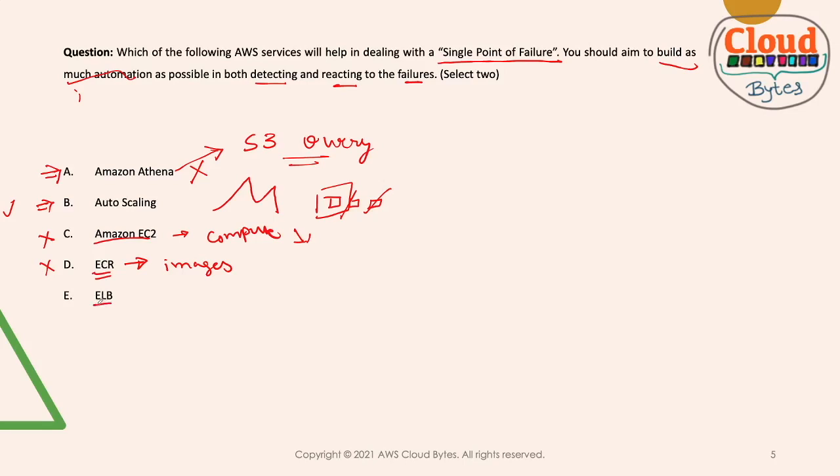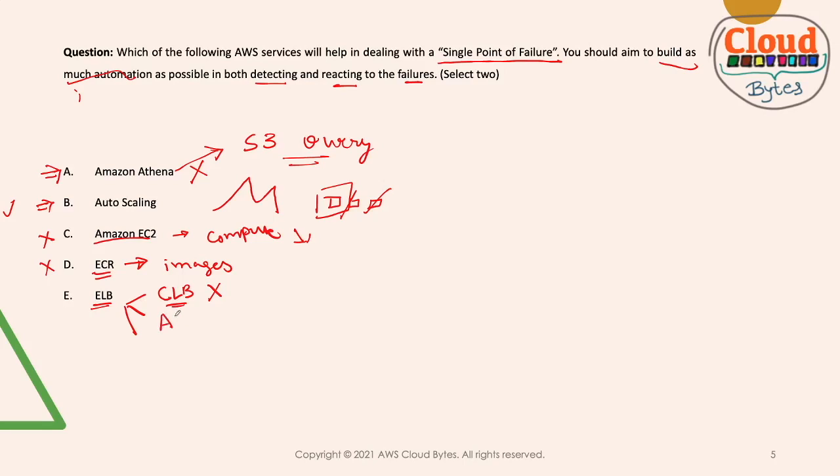Now ELB, how can ELB help remove single point of failure? ELB is Elastic Load Balancer, and there are three flavors of Elastic Load Balancer in AWS. One is Classic Load Balancer, which is a legacy one. It is not recommended by AWS anymore.